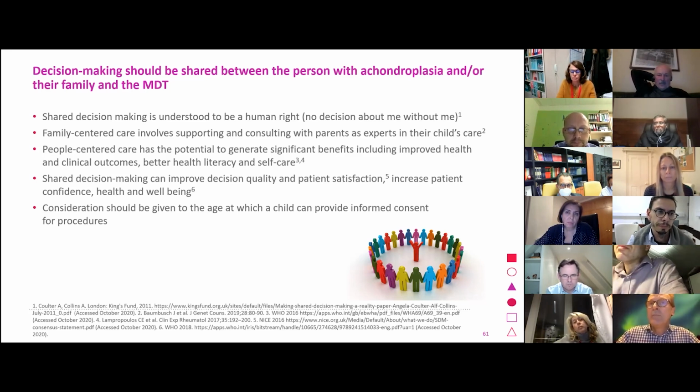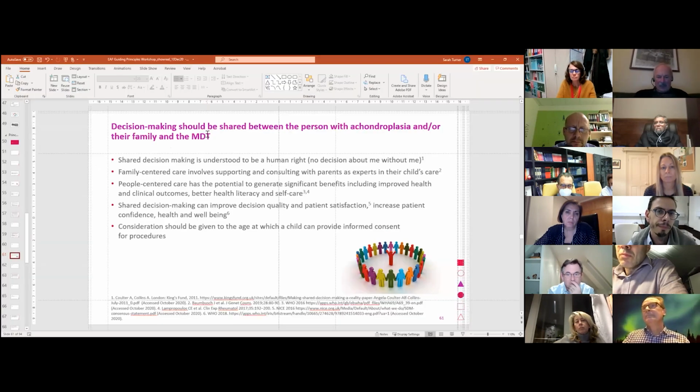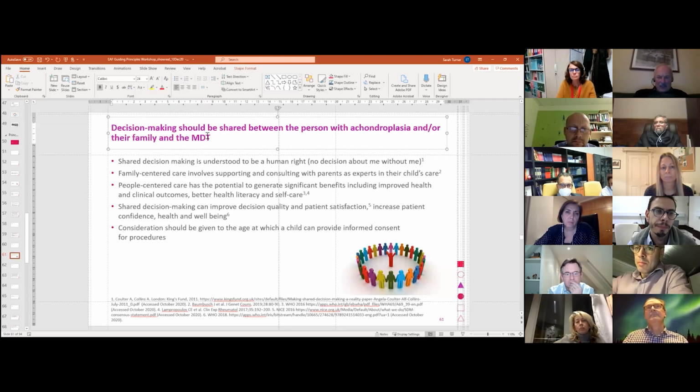Maybe that's something we could consider. And maybe even stating that the multidisciplinary team should be in close contact with the patient associations. Yeah, but in some countries there is not such an effective patient organization as in others.